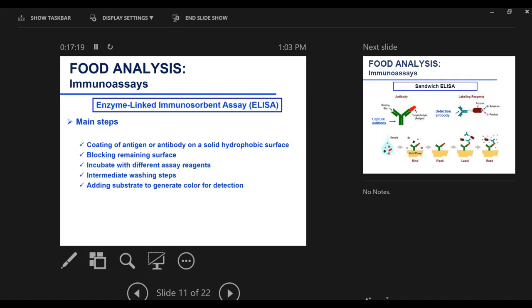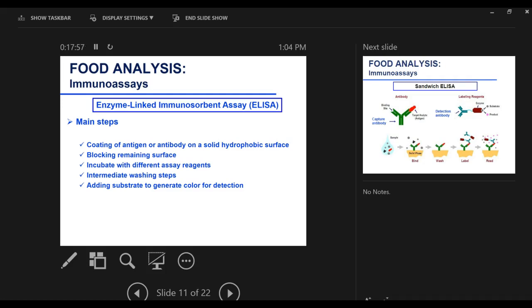Then you introduce your sample. So your sample has your antigen, and different types of other components in there. Your antigen is going to bind. Everything else, wash. Anything else that doesn't bind will be washed. Then after that, you can put another antibody that will recognize the antigen, but that antibody is labeled with the enzyme, is linked to the enzyme.